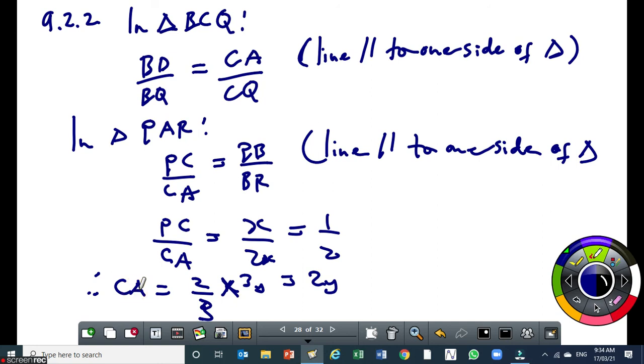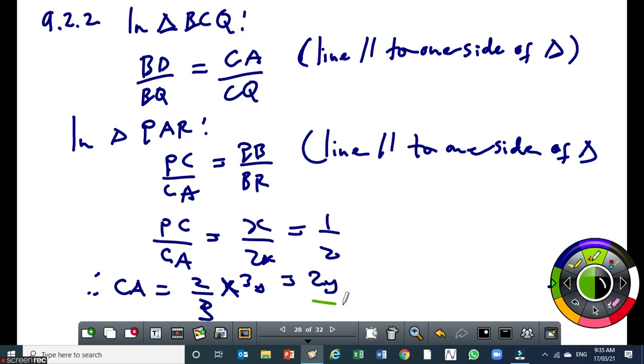I'll go back here. Okay? So for the next step, yes? We can't see the side. It's gone down. You can't see anything.